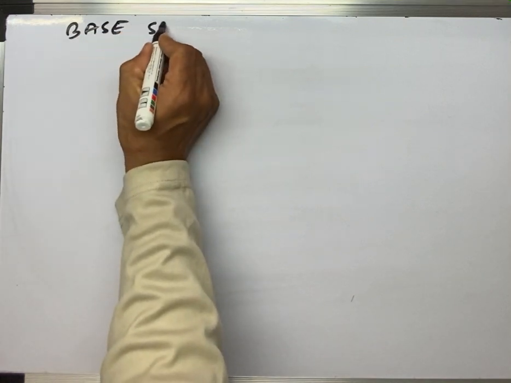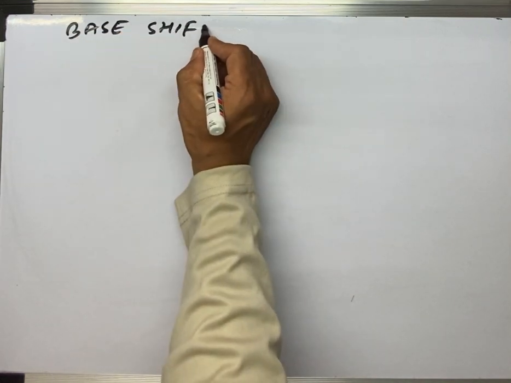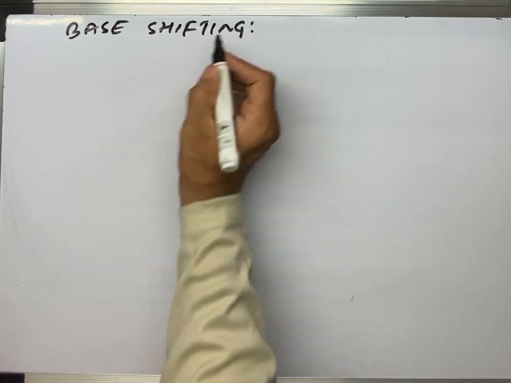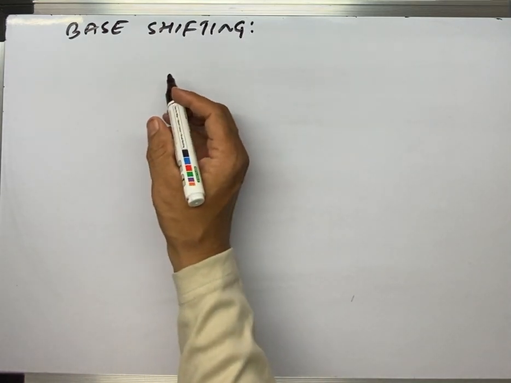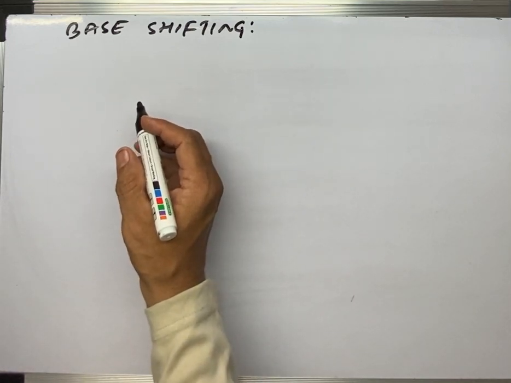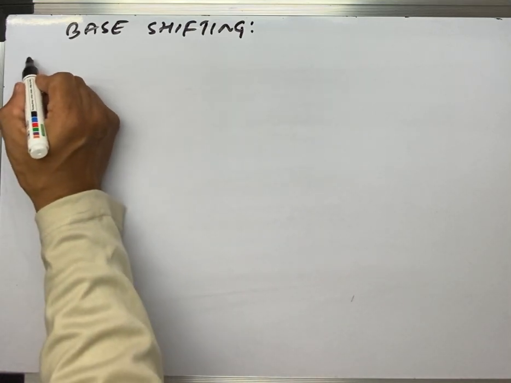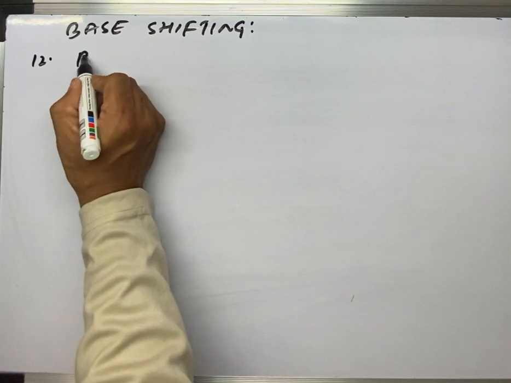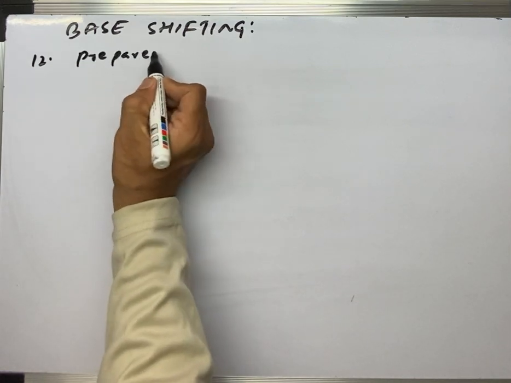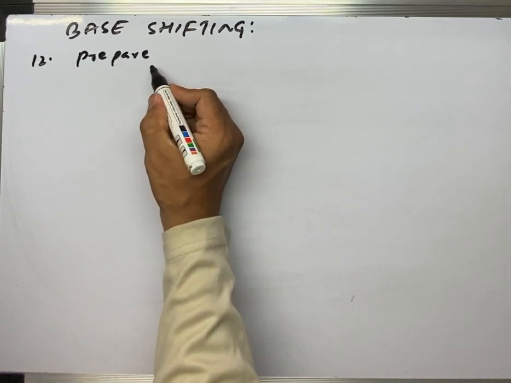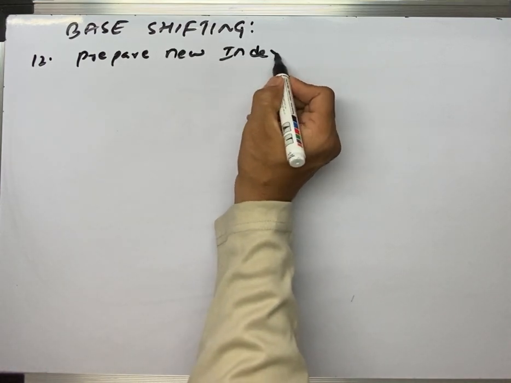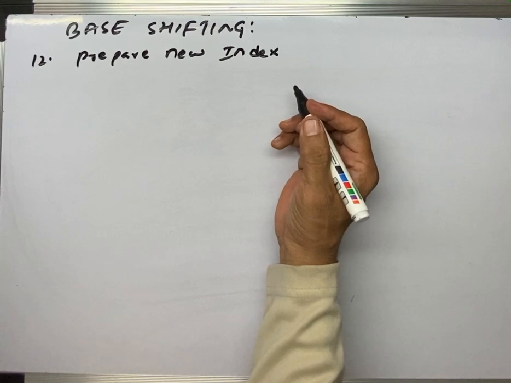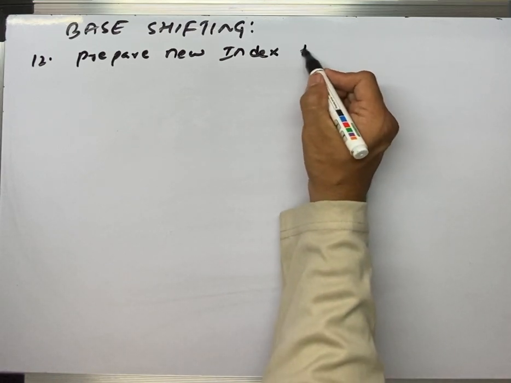Now base shifting, one of the easiest things we have. Base shifting index. So the 12th one: prepare new index taking 92 as base.